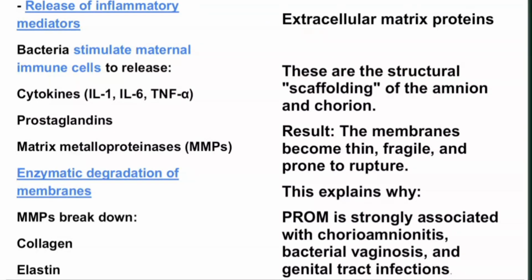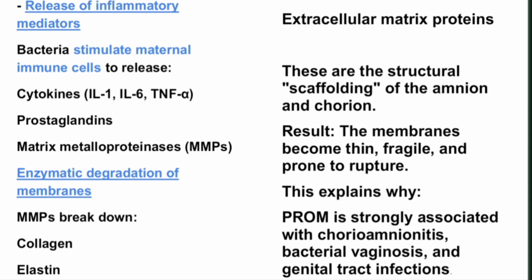Okay, so the other thing we need to talk about is release of inflammatory mediators. Just to elaborate more on this: when there's an infection which ascends from the vagina and goes all the way to the cervix, it is going to stimulate maternal immune cells to release cytokines such as interleukin 1, interleukin 6, and tumor necrosis factor alpha, and also prostaglandins and matrix metalloproteases.